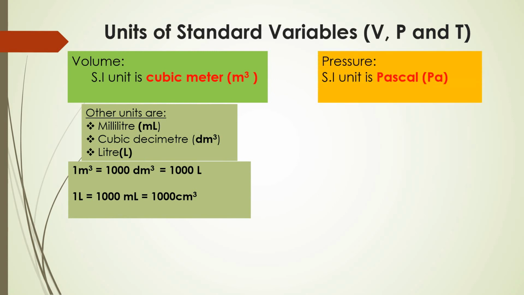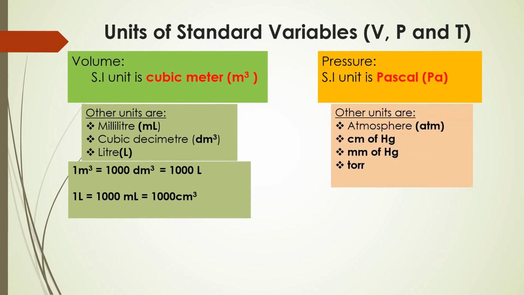In the same way, the SI unit of pressure is Pascal, but we use other units also to measure pressure, and the most common units are atmosphere, denoted as atm, centimeter of mercury, and millimeter of mercury. If the reading scale is in centimeter, then we say centimeter of mercury, Hg. If the reading scale is in millimeter, then we say millimeter of mercury. The other unit of pressure is torr.